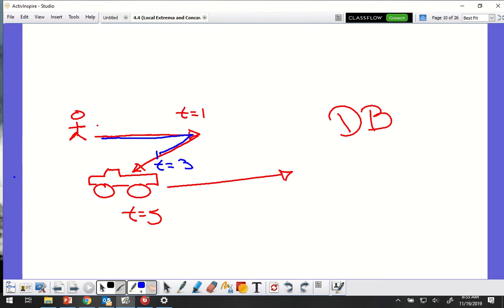I'm going positive right here, but my acceleration is slowing down. My acceleration goes to 0 here. It's a negative acceleration, so that means I started off going fast.